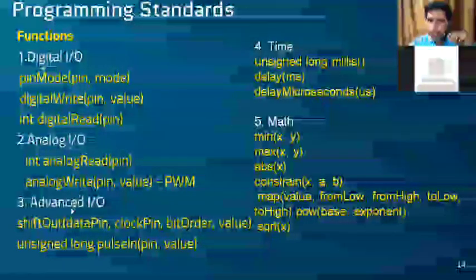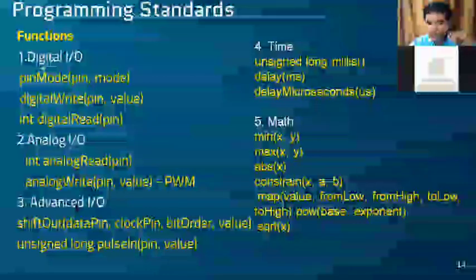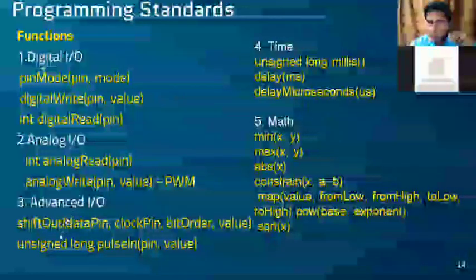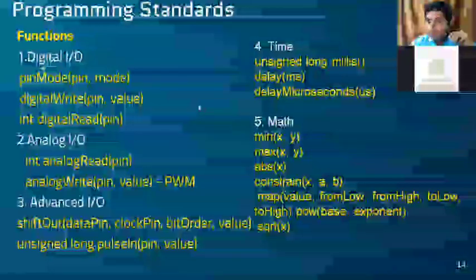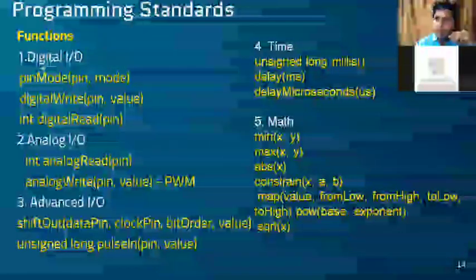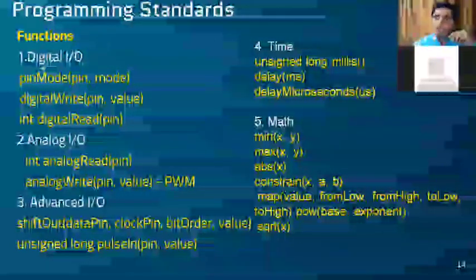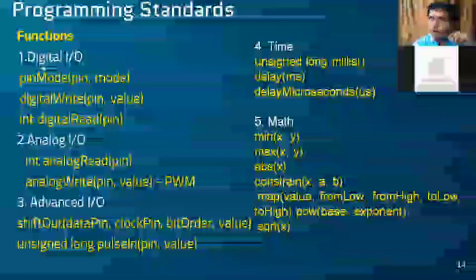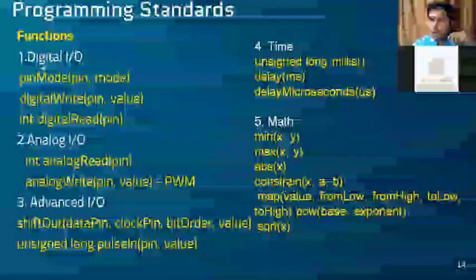Okay, and if you are in advanced input output like shiftOut and unsigned values, and if you are mentioning a time, suppose I'll take an example of LED blink. You want to glow an LED, it has to stop for 10 seconds and it has to be on for 100 seconds.